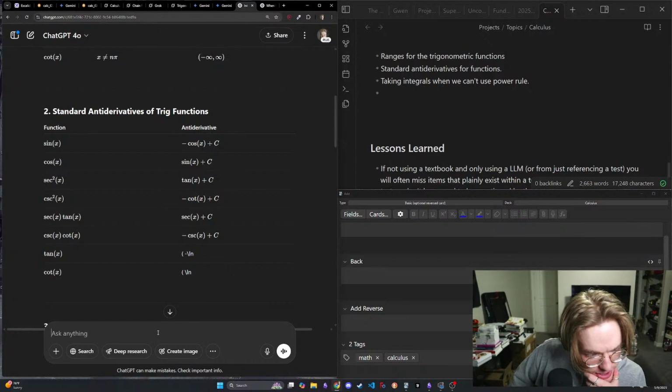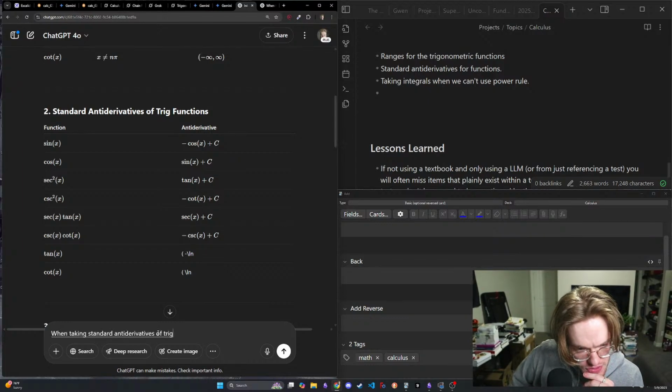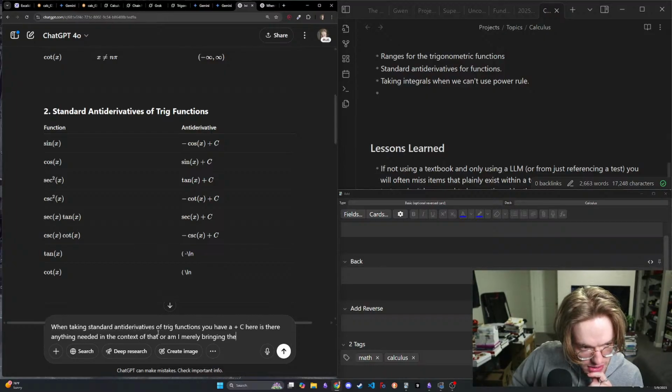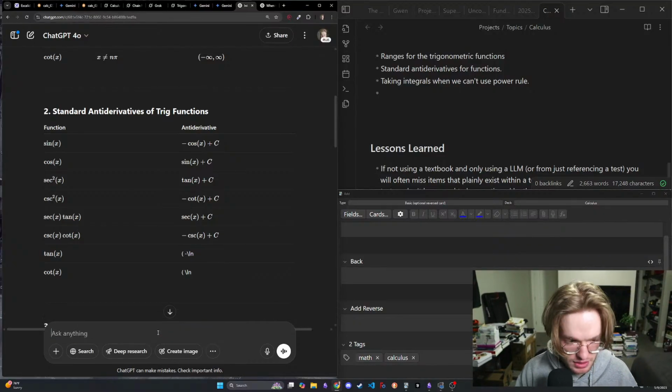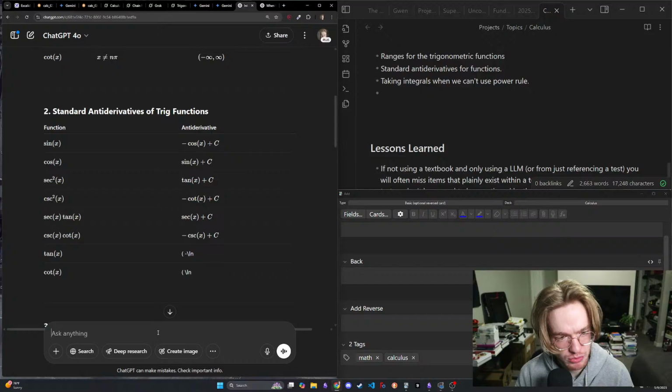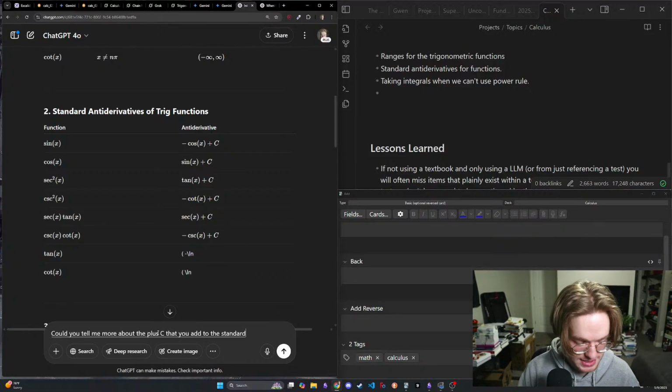When taking standard antiderivatives of trig functions, you have plus C here. Is there anything needed in the context of that, or am I merely bringing the constant over from the previous one? Actually, no, that's not correct. Could you tell me more about the plus C that you add to the standard? Oh, I said antiderivatives.